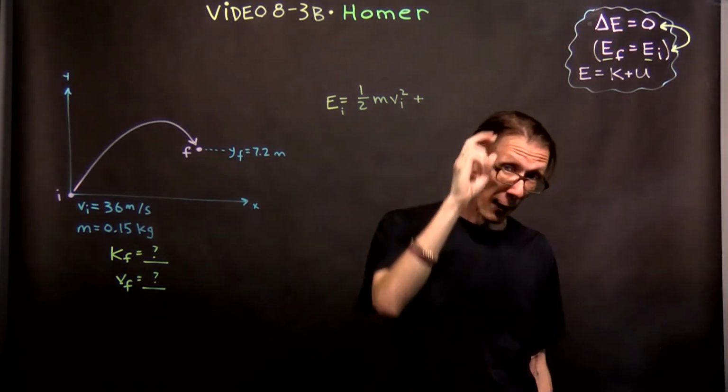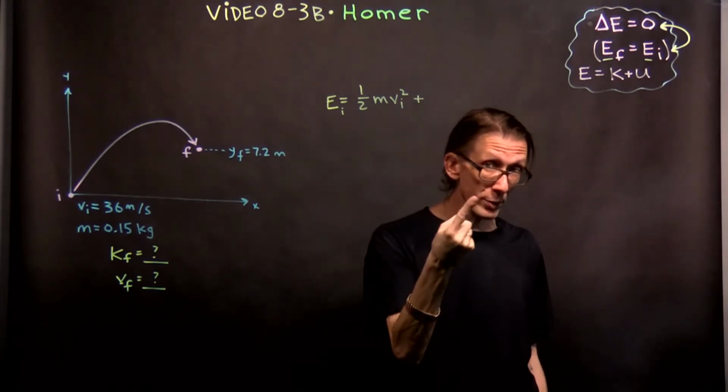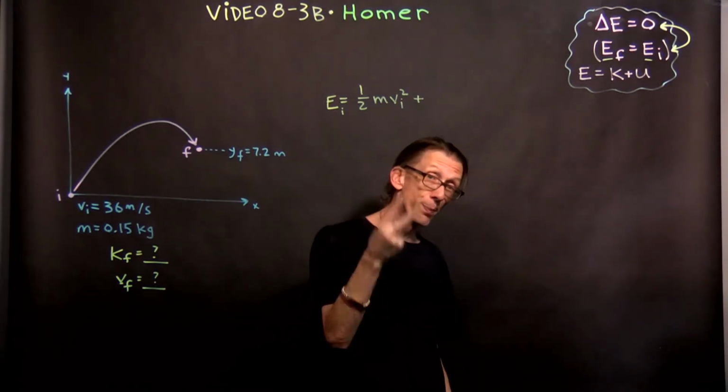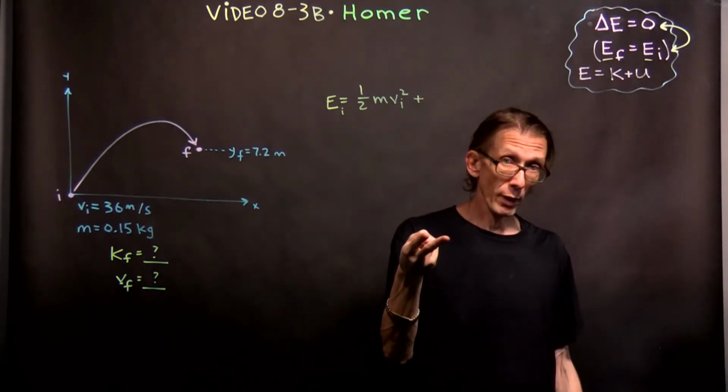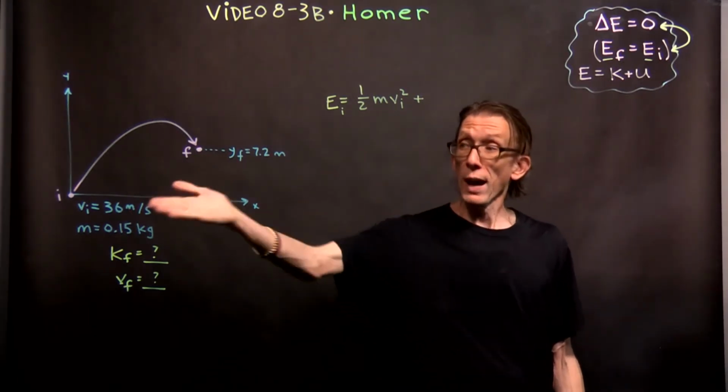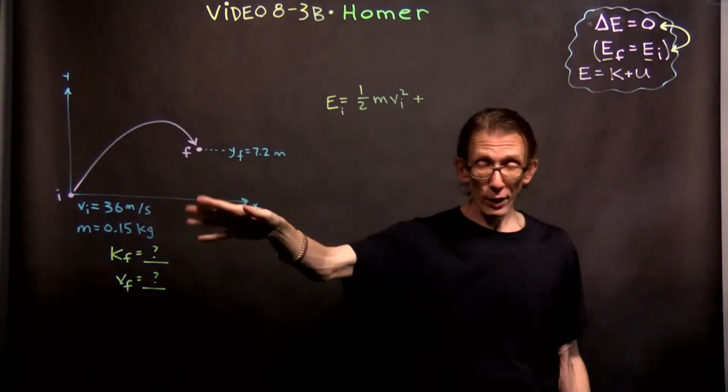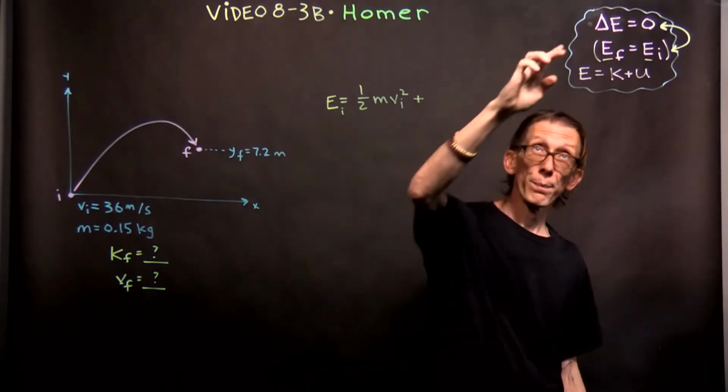There are two conservative forces: one is gravity, the other is the spring force, which we're going to come to in another couple of examples. For now, only gravity is acting on this ball. We're not going to worry about air friction, so we can apply this.